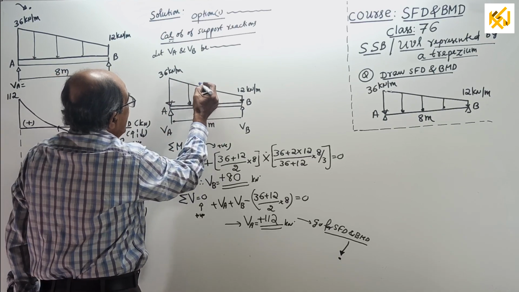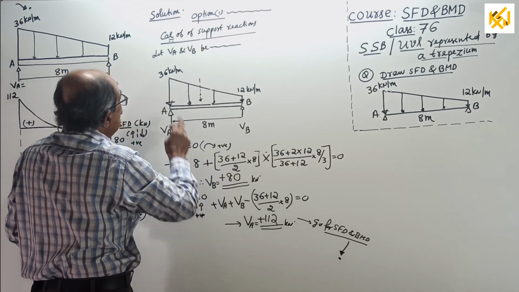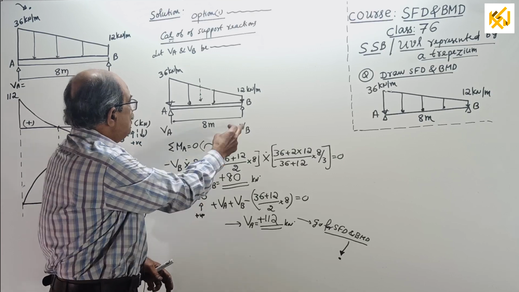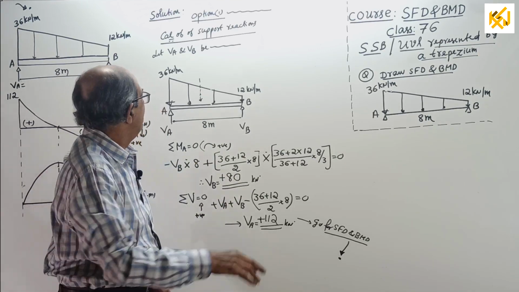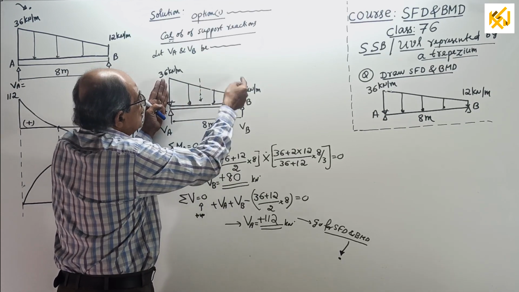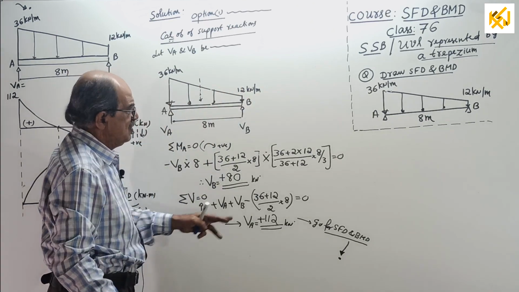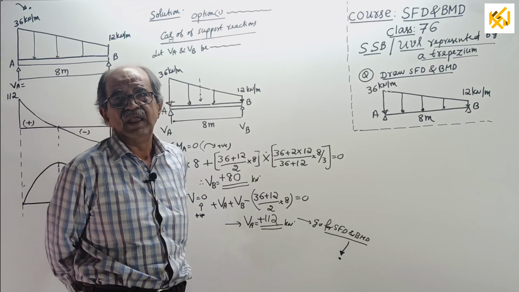The total load acts somewhere here. Total load equals area of the trapezium, (36 plus 12) divided by 2 into 8, multiplied by the distance, (36 plus twice of 12) divided by (36 plus 12) into 8 by 3, equal to 0. You get VB. Sigma V equal to 0, with only the load, you get VA.